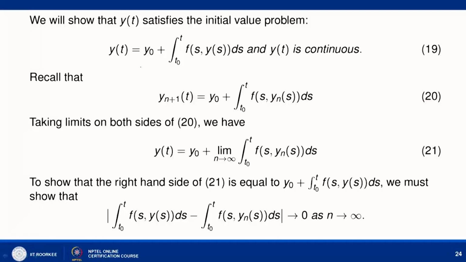It means that it satisfies the equation y(t) equal to y0 plus the integral from t0 to t of f(s, y(s)) ds, and we also want to show that this y(t) is continuous. By showing that y(t) is a solution of the integral equation, we can show that y(t) satisfies the initial value problem as well.